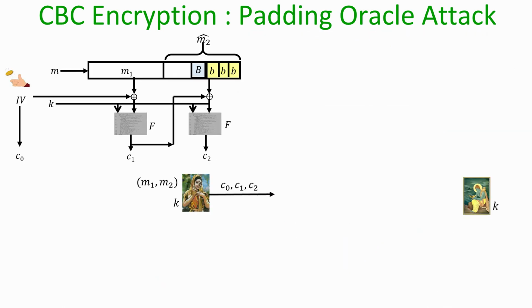So now what we are going to show is that not only can the adversary learn the number of bytes which have been padded by the sender, it can also learn any specific message byte in which the adversary is interested. Imagine the adversary has already learned the value of little b, namely the number of padded bytes, and now it wants to learn the last byte of the message, which is right now unknown to the attacker. The idea here is the same.